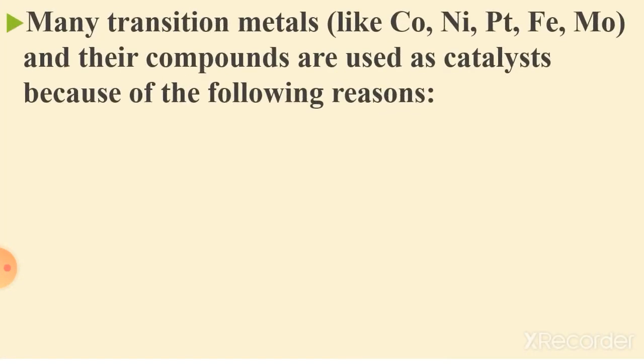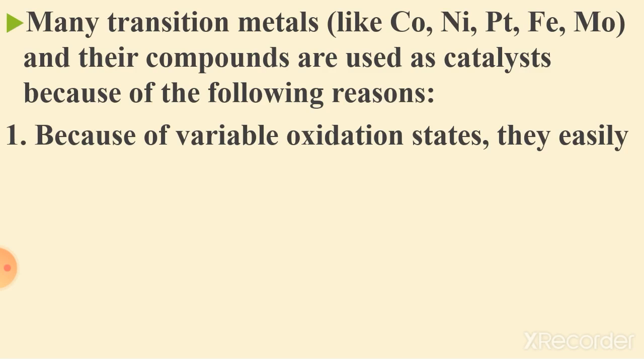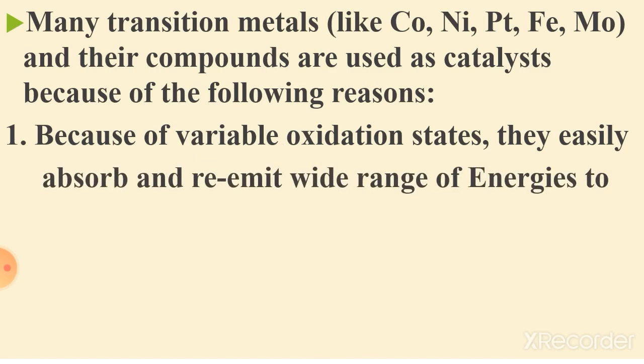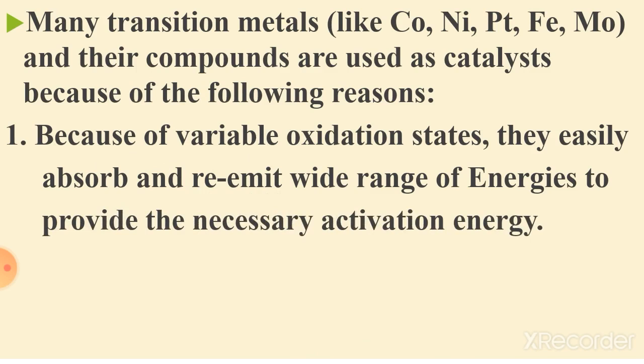So now students, let us focus on some more points about catalyst. Many transition elements such as cobalt, nickel, platinum, iron, molybdenum and their compounds are used as catalyst because of the following reasons. First reason: because of variable oxidation state, they easily absorb and re-emit a wide range of energies to provide the necessary activation energy.